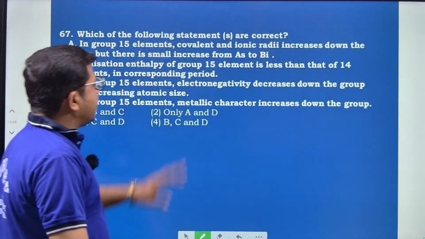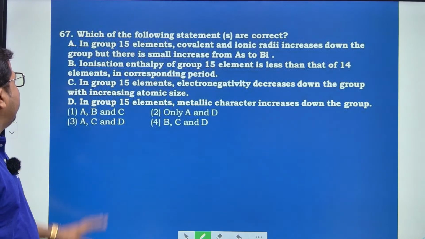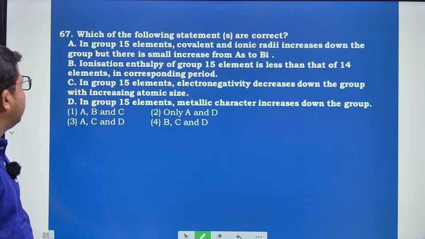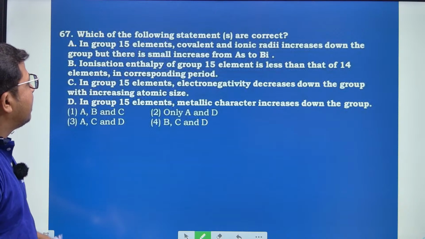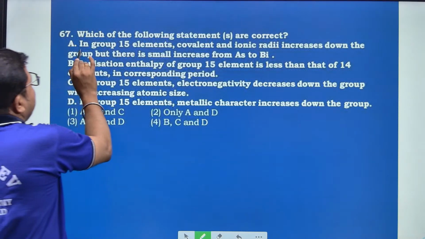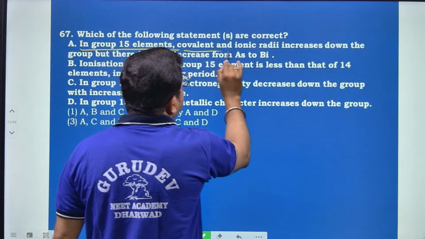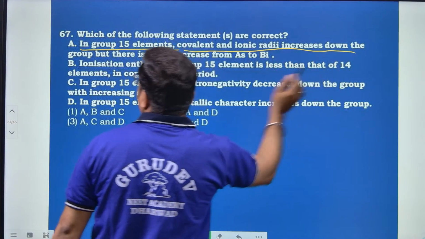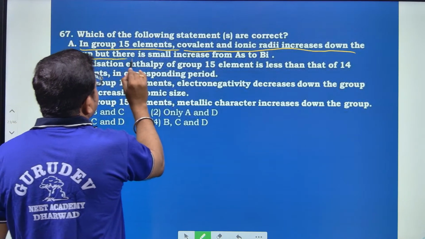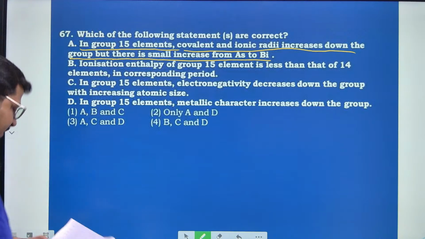Which of the following statements is correct? They have given 4 statements. Among these, some are correct and some are wrong. Let's read the statements. Statement A: in group 15 elements, covalent and ionic radii increase down the group, with a small increase from arsenic to bismuth.